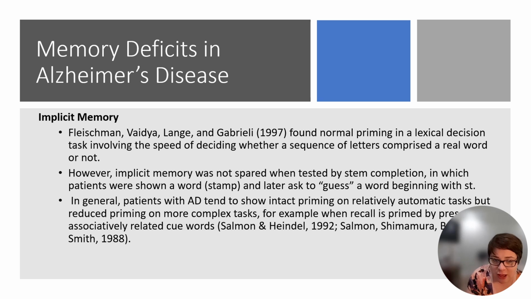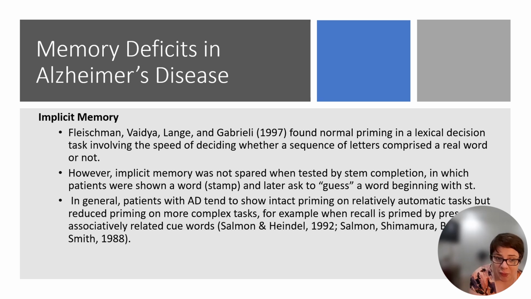For example, Fleischman and colleagues found normal priming in a lexical decision task. When given a sequence of letters and asked to decide if it was a real word or not, patients showed normal performance. However, when they tested implicit memory with stem completion, for example, patients were shown a word such as stamp and asked to guess a word beginning with ST, they didn't show improved performance relative to a condition where they didn't see the word stamp.